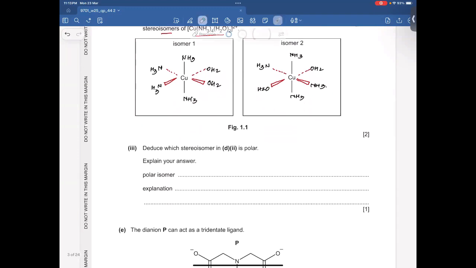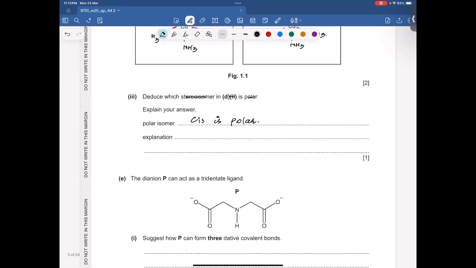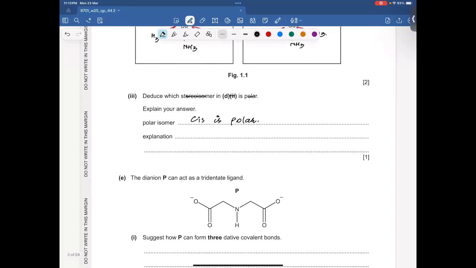Describe which isomer, I mean stereoisomer in part D2, is polar. Cis is polar because in the cis isomer, there will be no cancellation of dipole moment.